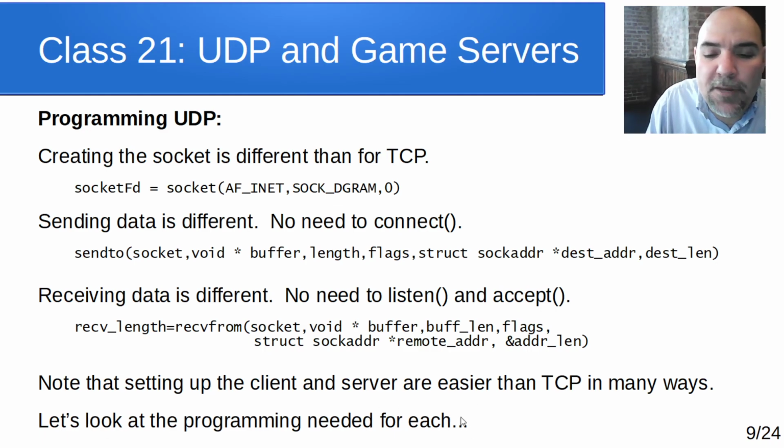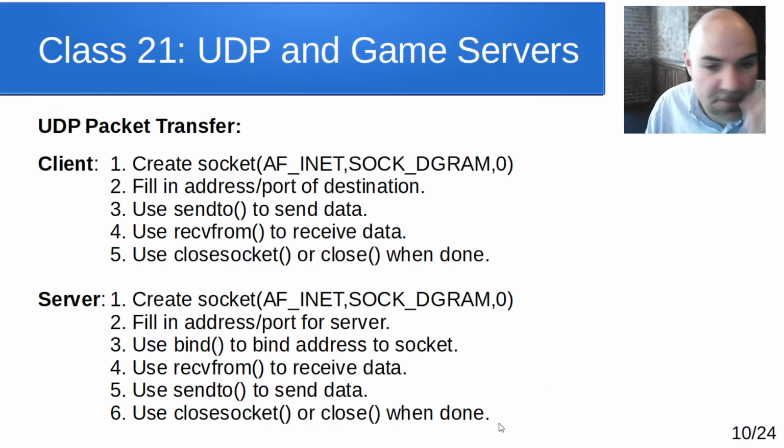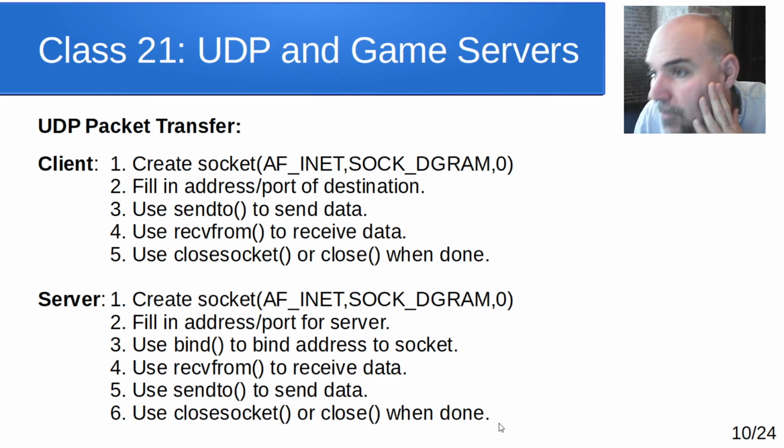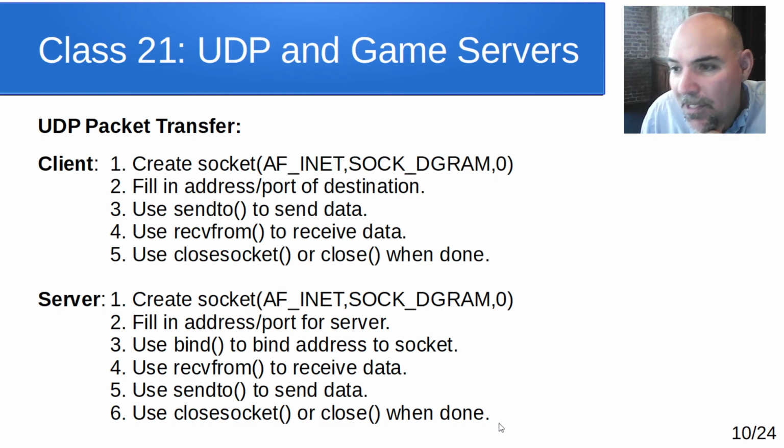So let's look at the programming needed for each of the client and server. All right, so I put them on one page here, so it's an easy thing to reference and look at the difference between those. So let's look at the client first. On the client, we create a socket. How does that differ from the sockets we made before? It's address family INET still, but now it's SOCK_DGRAM in the connection type instead of SOCK_STREAM.